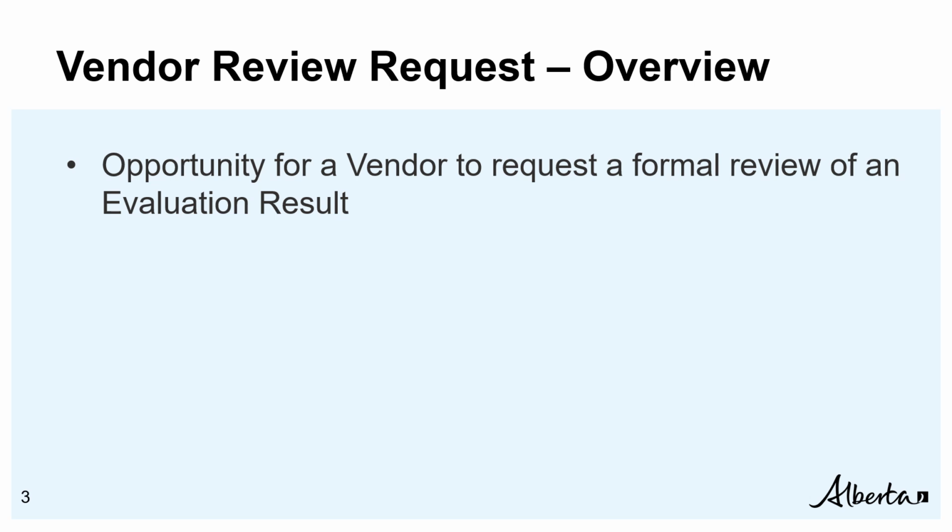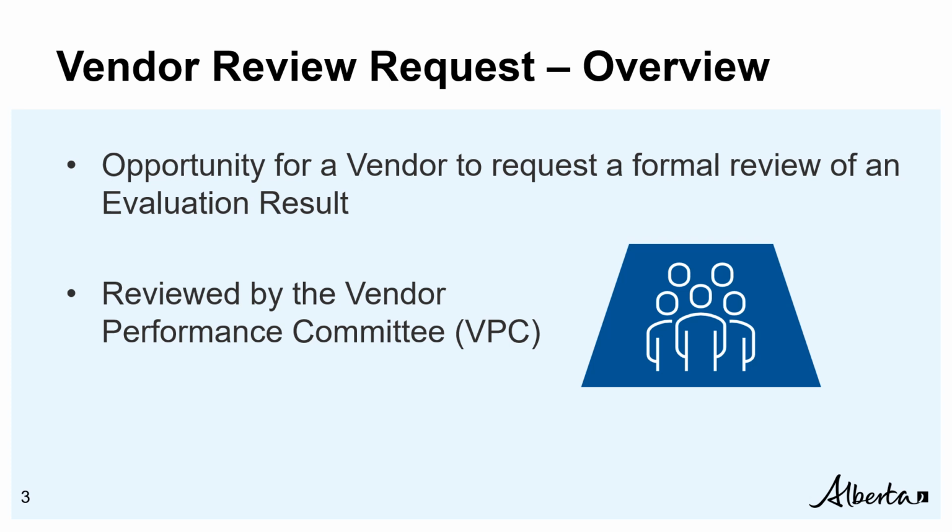A vendor review request is an opportunity for a vendor to request a formal review of an evaluation result by the Vendor Performance Committee, known as VPC for short, which consists of senior leadership at Alberta Infrastructure. Typically, a vendor requests a review after disagreeing with the project manager's evaluation of their performance.